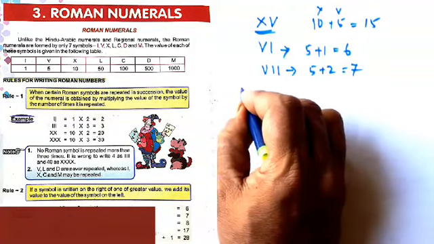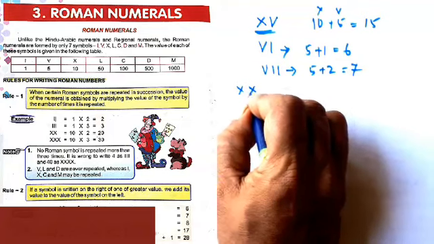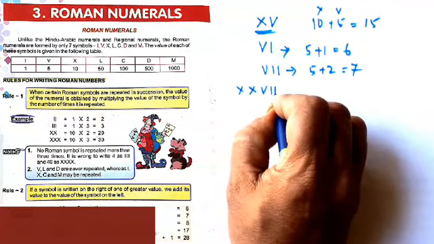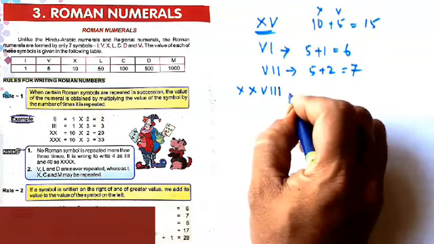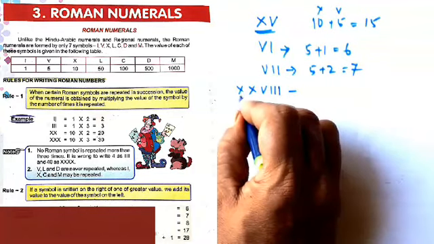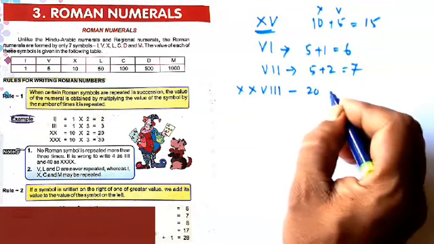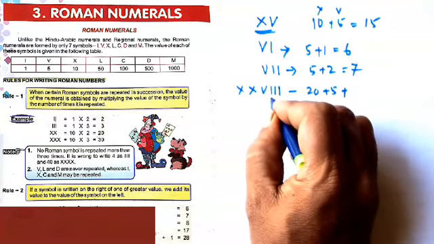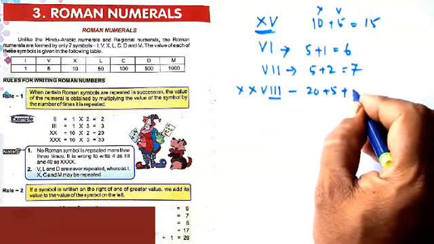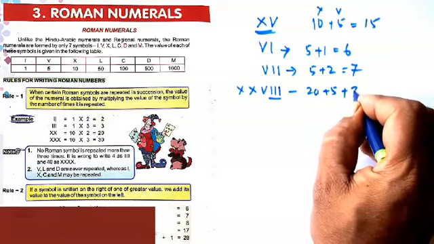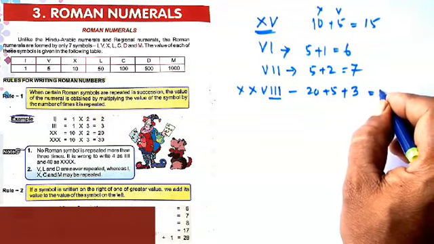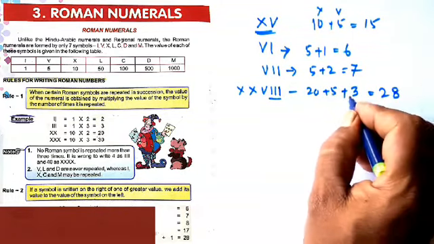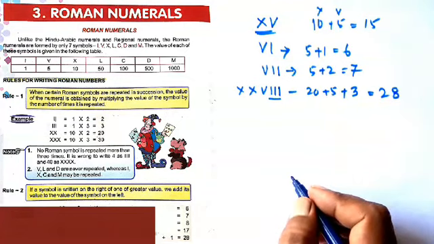Suppose we write XXVIII. The value of 2 X's is 20, the value of V is 5, the value of 3 I's is 3, equal to 28. 5, 3, 8, 20, 28.